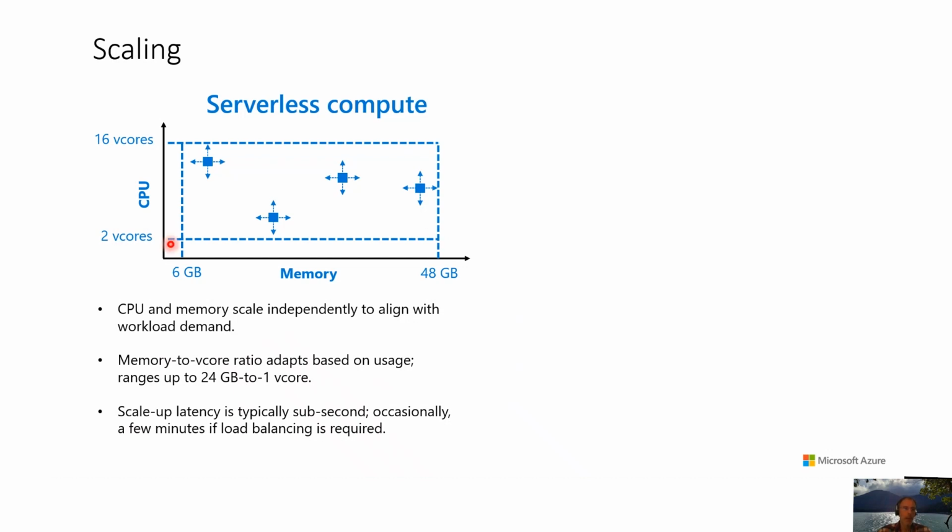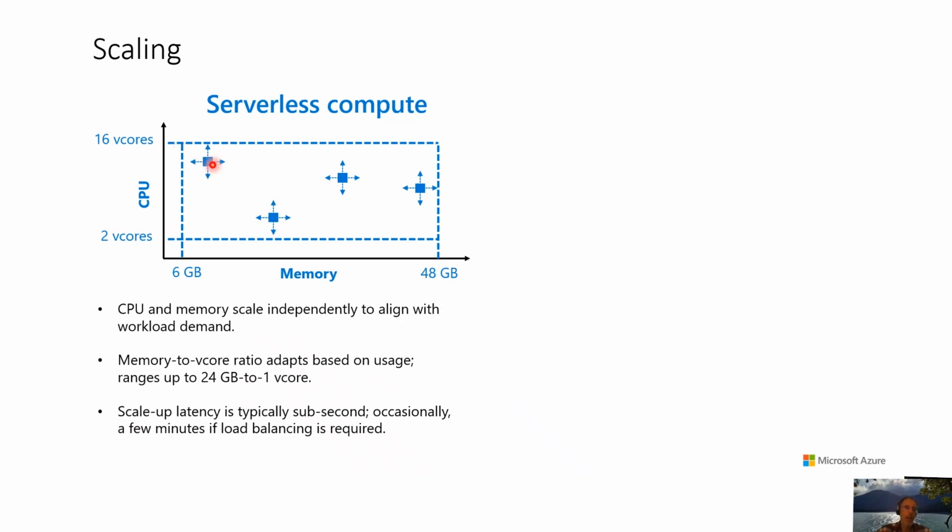On the other hand, let's suppose that at some later point in time, the nature of the usage pattern shifts to become more oriented towards computationally intensive operations. Then again, serverless can adapt to relaxing the amount of memory that's provided and then increasing the amount of cores that's provided.